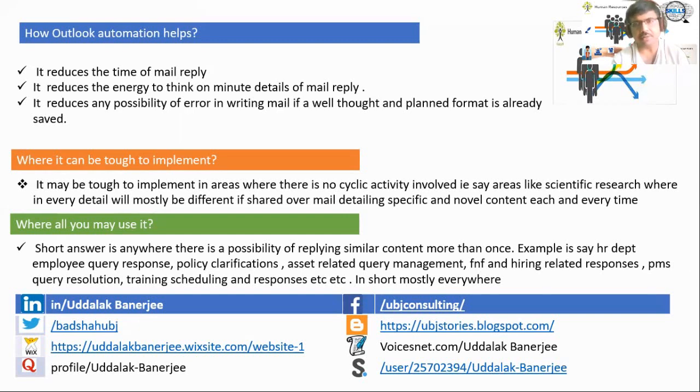Especially in the HR department: employee query response, policy clarification, asset related query management, FNF, hiring related responses, PMS query resolution, training scheduling responses, everything can be handled via Outlook automation, because for everything there is always a common template used for standardization purposes. If you have these templates ready, then you don't even need to type. You just click on one button, and the entire communication will go out in a customized manner.